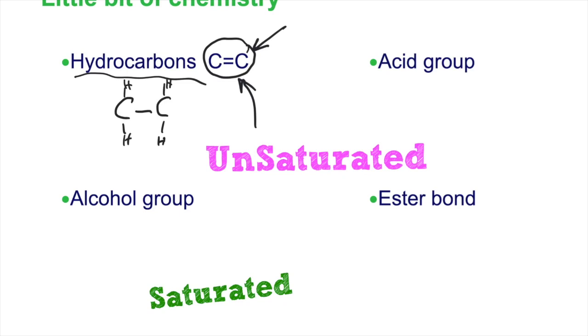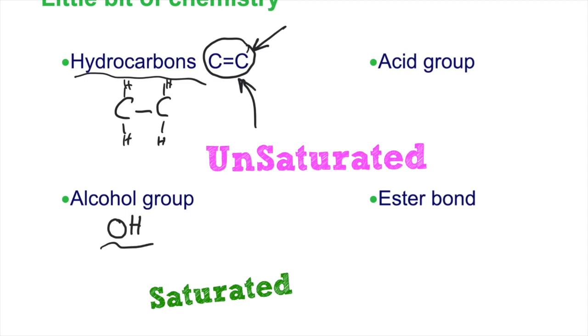The second piece of chemistry that we need to understand here is the chemical groups. So there's one chemical group that we will need later on in today's lesson, which is called the alcohol group. An alcohol group is made up of just oxygen and hydrogen. We call this group actually a hydroxyl group.